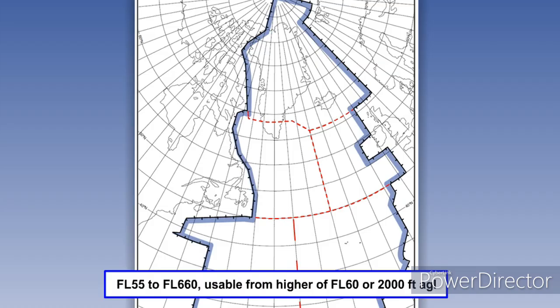It is divided into Oceanic Control Areas, or OCAs, covering several areas spanning the Atlantic and extending from the North Pole to latitude 27 north. The areas are named after Reykjavik, Iceland, Bodø, Norway, Shanwick, an amalgam of Shannon in Eire and Prestwick in Scotland, Gander, Newfoundland, New York, and Santa Maria, Azores.